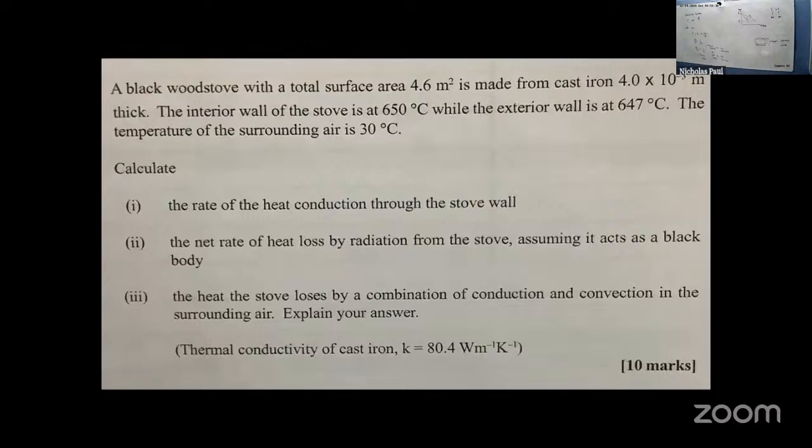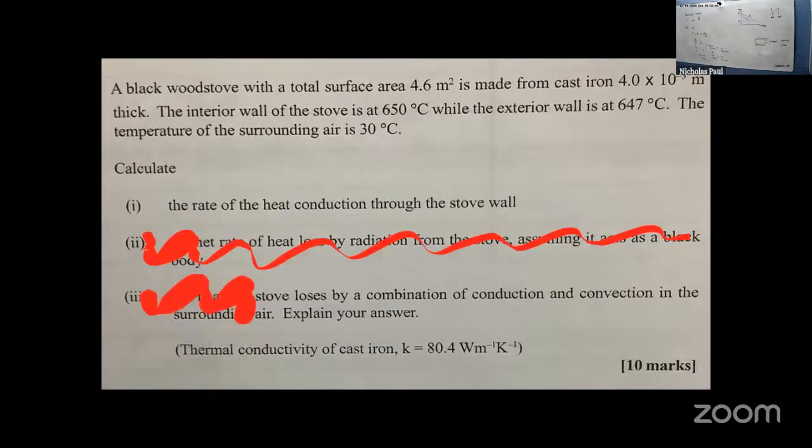A black wood stove with a total surface area of 4.6 meters squared.